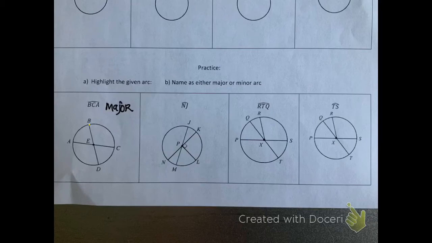So when you start at B, you have to pass through C next because it's the middle letter, and you have to land at A. If you try to go this way, you would pass through A first, but you have to pass through C first after starting at B. So you start at B, you pass through C. It doesn't matter what letters you pass by as you continue on, but you have to end up at A. So you start at B, pass through C, and end up at A. And notice we highlighted something larger than halfway across, or 180 degrees.